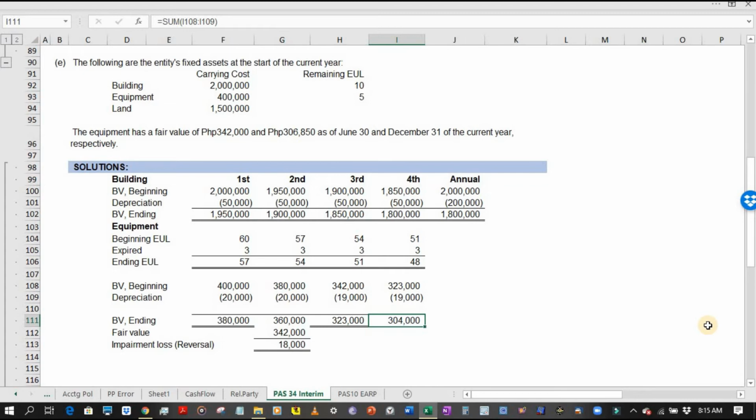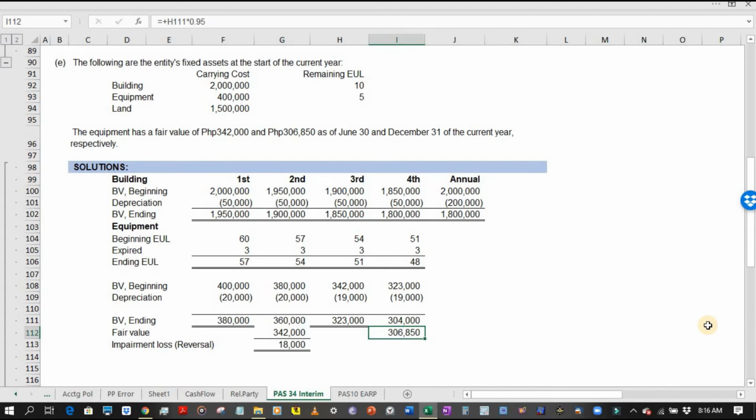However, there is information given with regards to the fair value of the equipment as of December 31, and that is 306,850 pesos. And in this case, the fair value is greater than the book value. So applying the cost model, are we allowed to record the increase from 304 to 306,850?